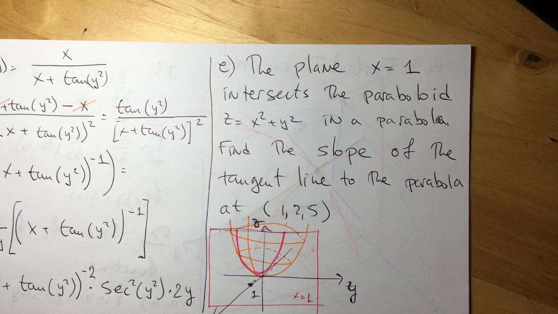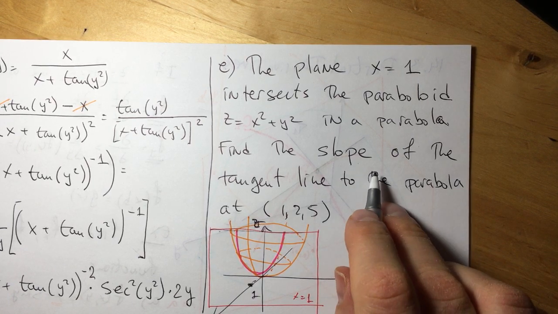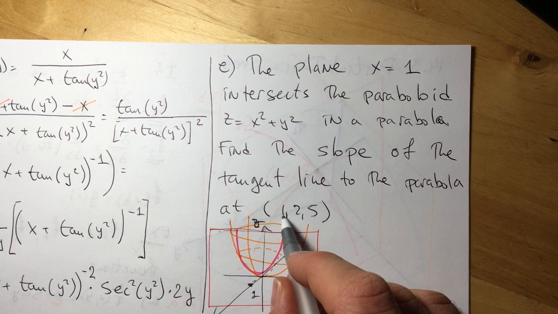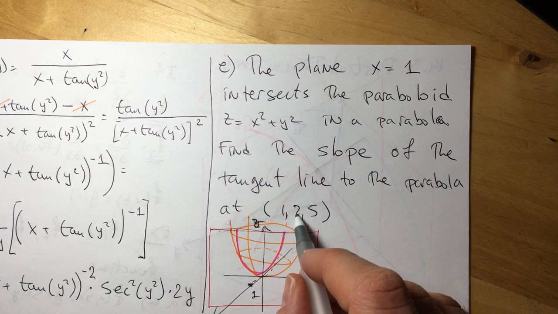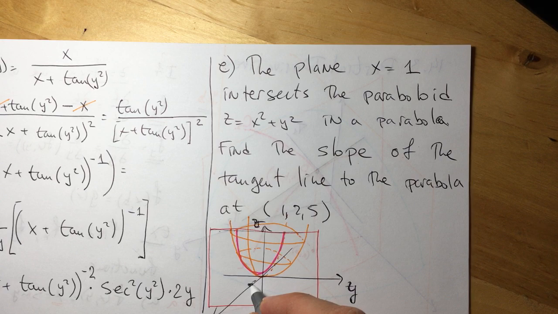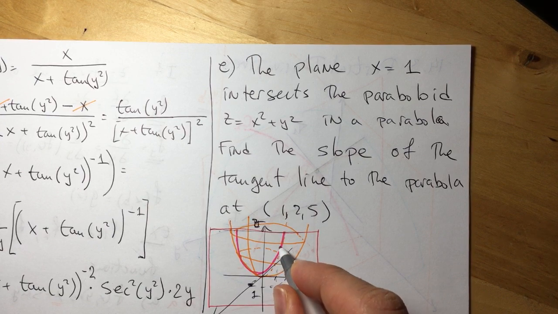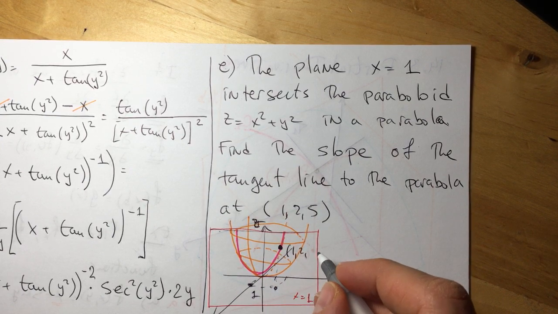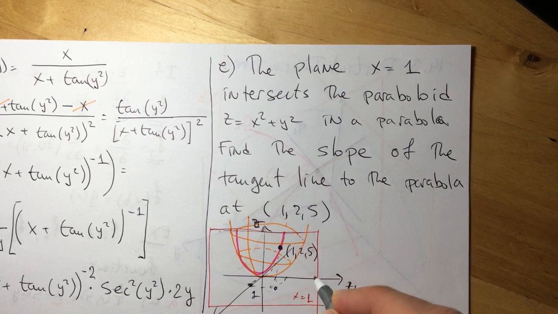So basically we want to find the slope of the tangent line to the parabola at the point 1, 2, 5, at this point here. So this is the point 1, 2, 5.